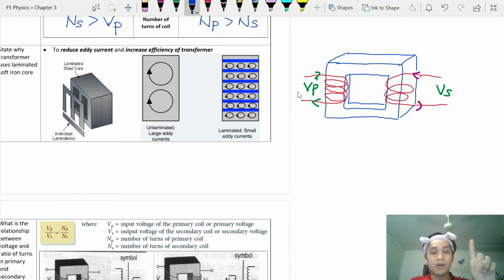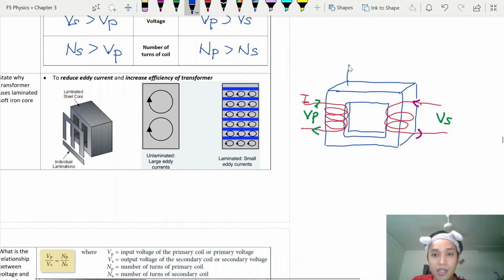Now, for a transformer, we only want the current to move in the coil. I only want the current to move in the coil. I don't want the current to move in the metal. So the purpose of your laminated soft iron core is actually to become a temporary magnet.